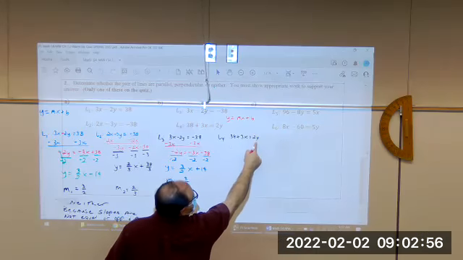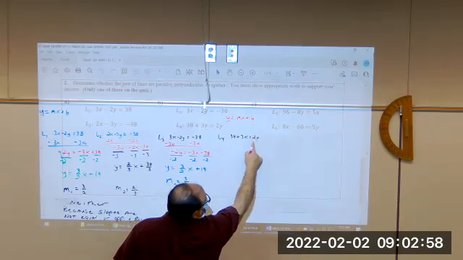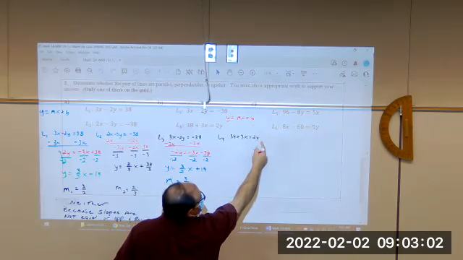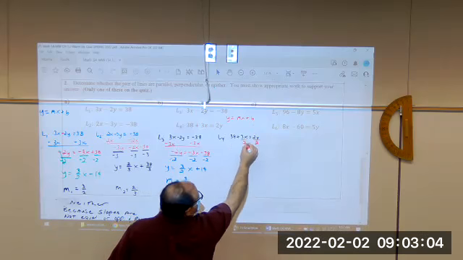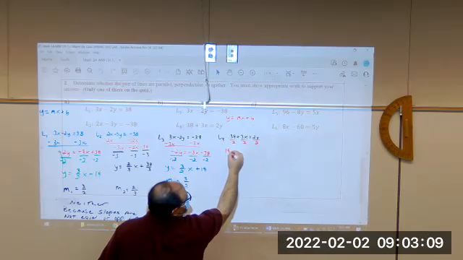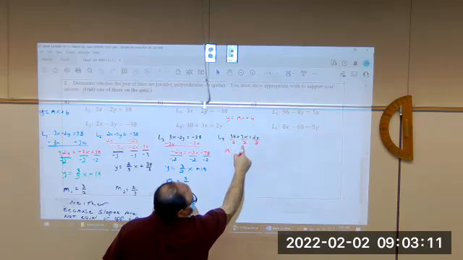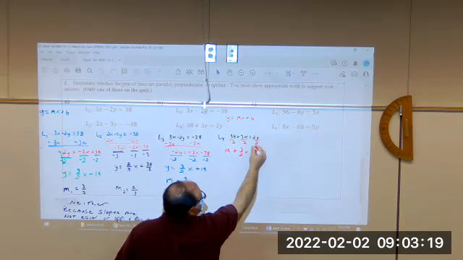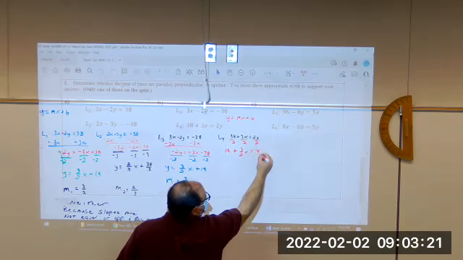To get y by itself, you would just divide by 2, because that's the only thing happening to y right now. So if I divide by 2, everybody gets divided by 2. 38 over 2 is 19. A positive over positive is a positive. This is 3 over 2 times x. And then 2y over 2 is just y.